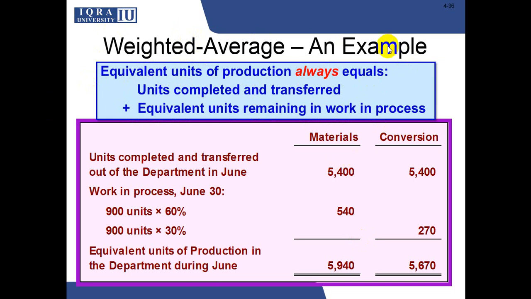We can see this with the help of the formula: units completed and transferred out plus units in ending work in process, which is the completed portion, right? Equivalent units remaining in work in process, which is completed: 60% of 900, 30% of 900. So we calculate this equivalent unit of production.